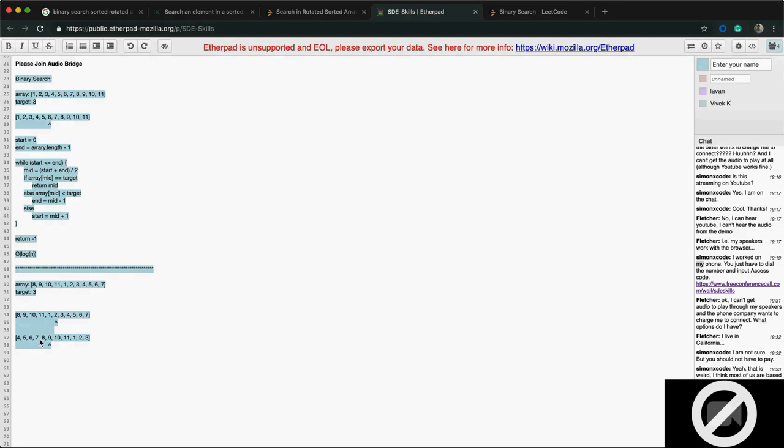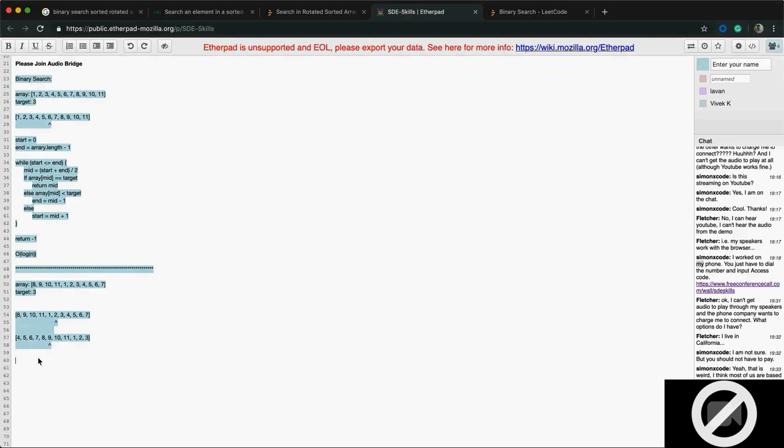Yeah, so in this case mid is 9, so we'll compare it to both the first and last element. We see that the left element is 4 and the mid element value is 9, so we know that the left side is not rotated. However, when we compare it to the last element, which is 3, we know that this is the side which is rotated.